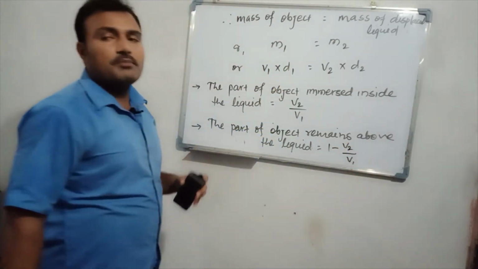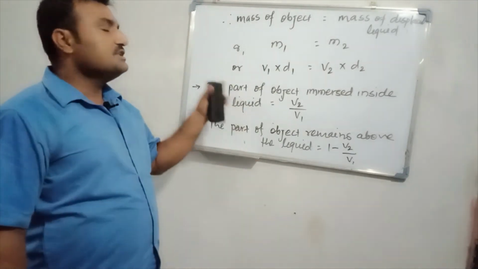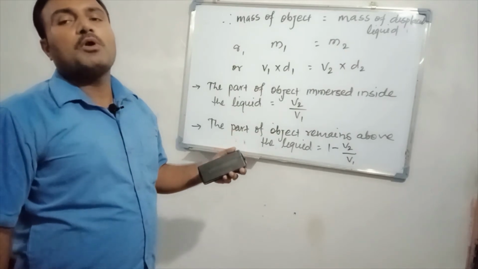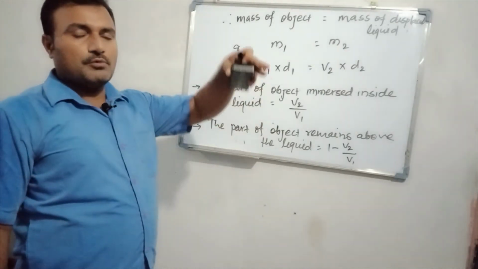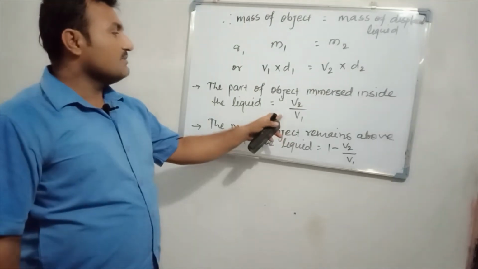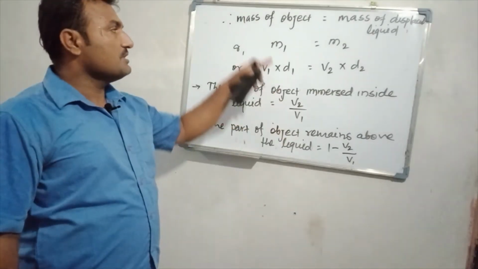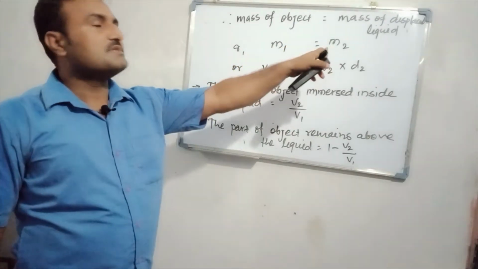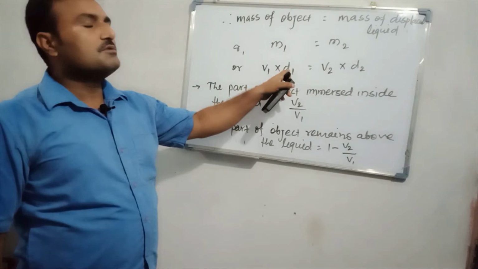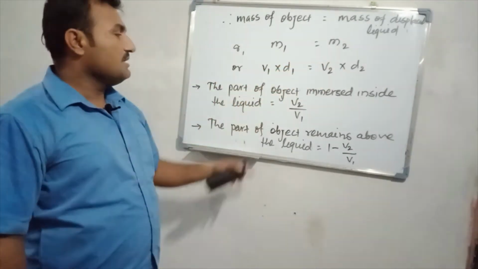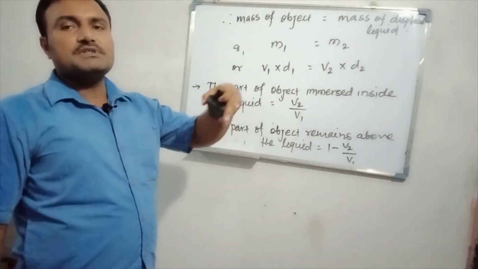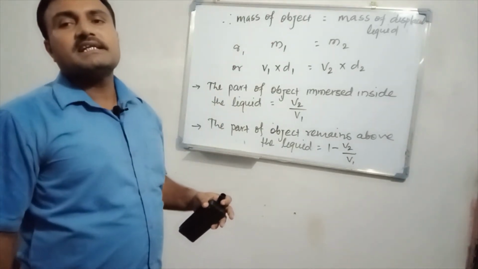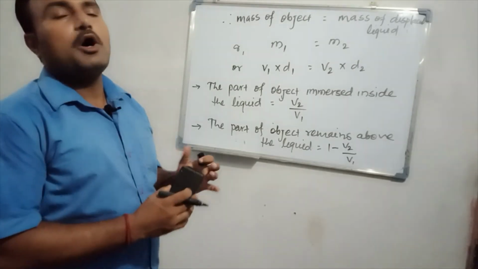In this way we can solve numerical problems related to floating objects. Firstly, we apply the law of flotation, then we consider mass of object equal to mass of displaced water, then volume into density, and we find how much part goes inside the liquid and above the surface. The law of flotation also explains the flotation of a ship.